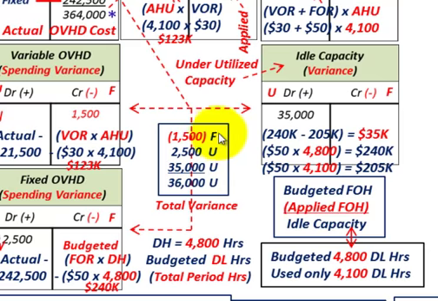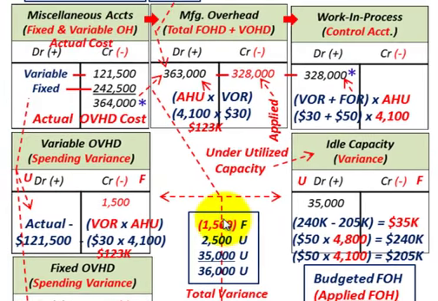And then if we go through these variances and add everything up, our total variance was 36,000 unfavorable, because what do we have? Going back to our numbers, our actual overhead cost was 364,000 versus what we applied at 328,000. And that total difference is 36,000 unfavorable.